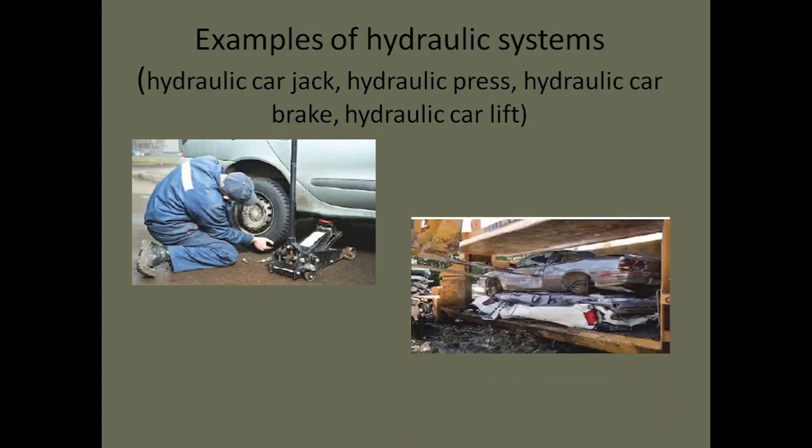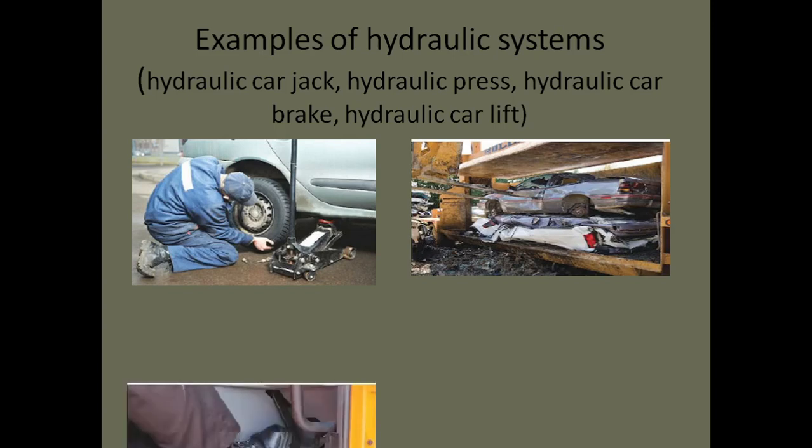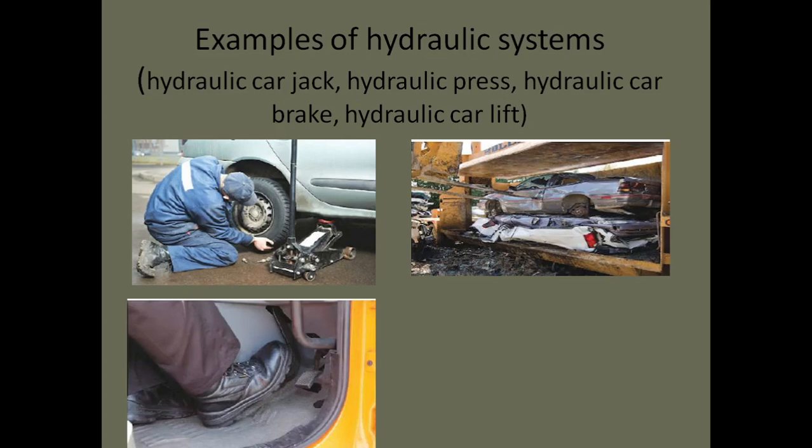We also have this hydraulic press that can be used to press down things, to compress things, like what we have in the picture. We also have the hydraulic car brake. To amaze you, our braking systems are all hydraulic, except in a few cases like bicycles.